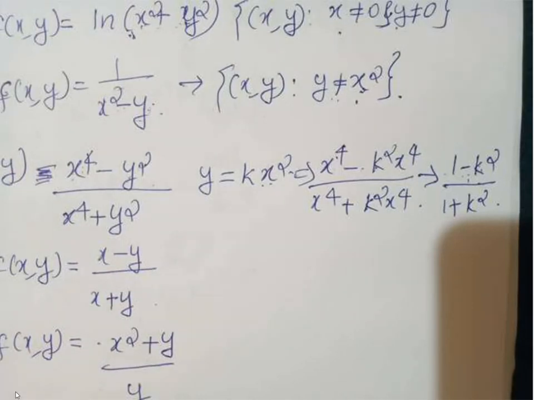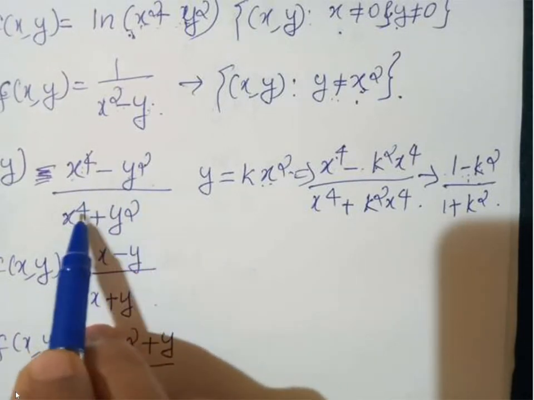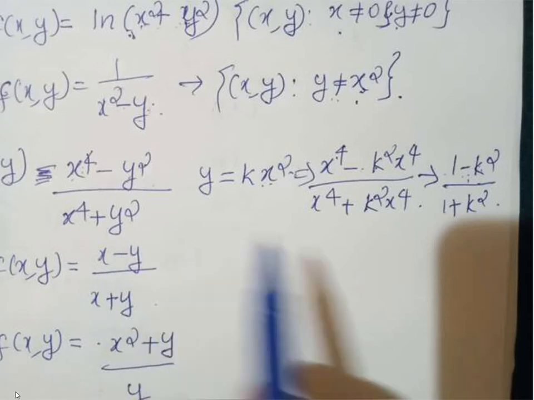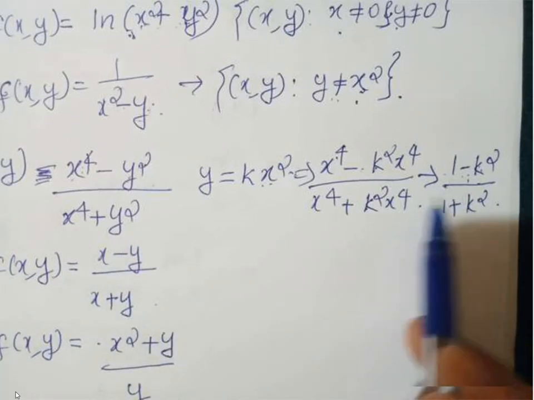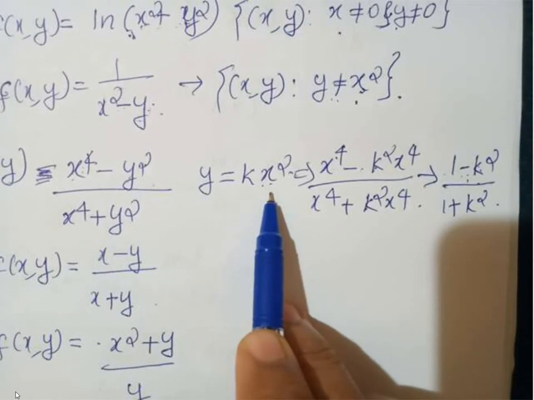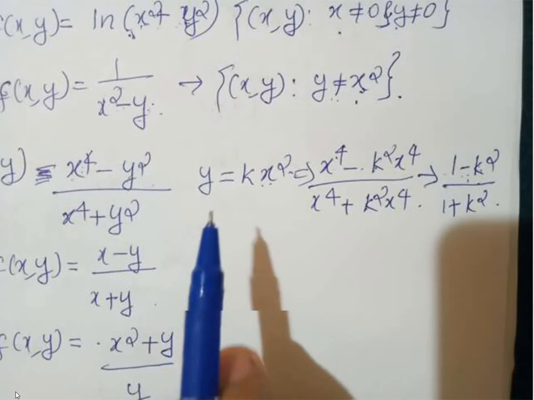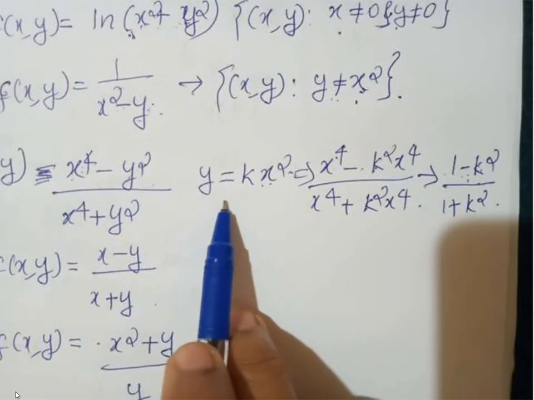In the last video, we discussed this question, (x^4 - y^2)/(x^4 + y^2). Here we chose y = kx^2 and, by the two-path test, showed that this limit does not exist.